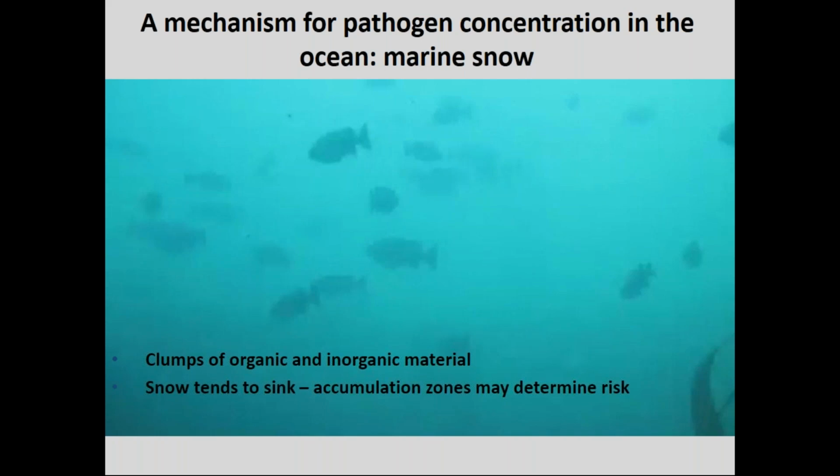Snow, because it winds up forming a clump of this material, gains some weight and tends to sink and accumulate in certain zones that may help to determine the risk of animals that would be exposed to that. In addition, snow serves as food for invertebrates. And so that's a way in which anything that's accumulating in this marine snow may enter into marine food webs.